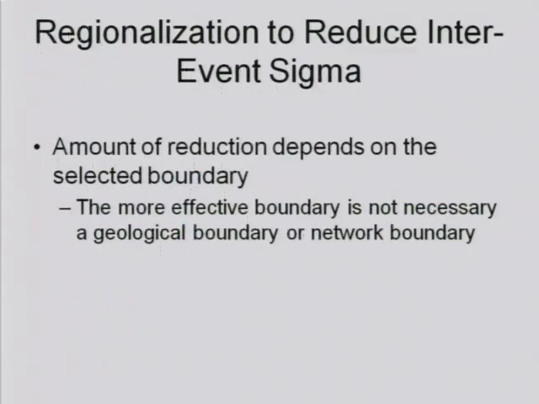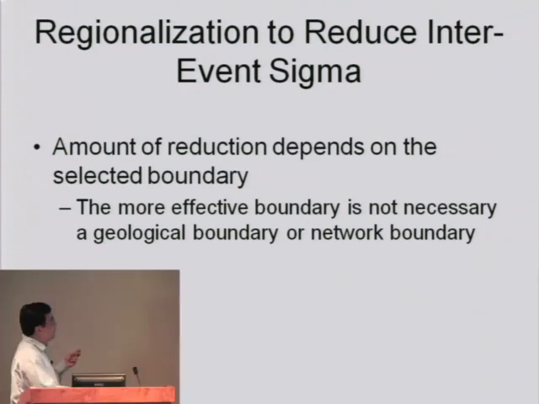So this comes to my last slide, which is about regionalization. It's a good idea, and the reduction that we can get from regionalization could be significant. However, the amount of reduction depends on the boundary you use.